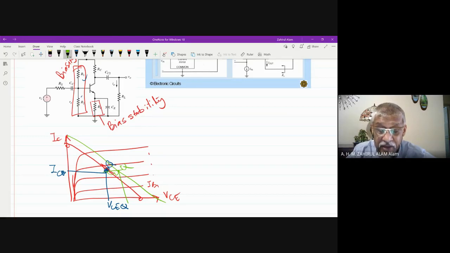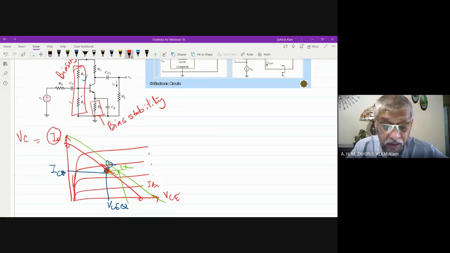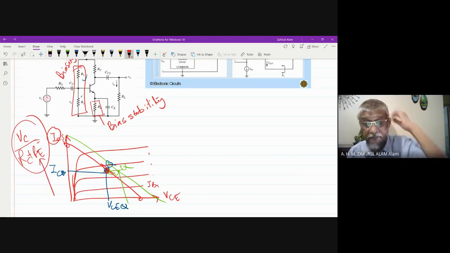So in order to minimize this variation, we need to use RE, so that when the supply voltage changes, the Q point does not vary that much. Because if we use RE, then we have RC plus RE, and this variation is reduced due to the introduction of RE. So therefore, we need R1, R2 for biasing the Q point, and for stability, we need to add RE.